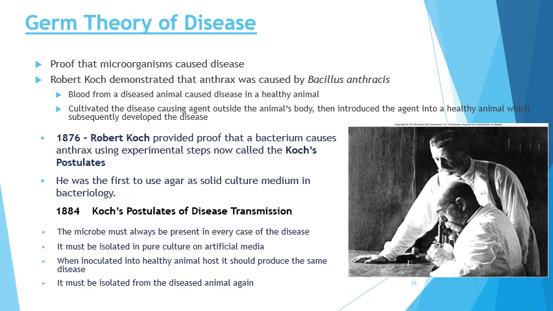The first proof that bacteria actually cause disease came from a German physician, Robert Koch, in 1876. He conducted an experiment, and that experiment is the basis to formulate Koch's postulates of disease transmission.